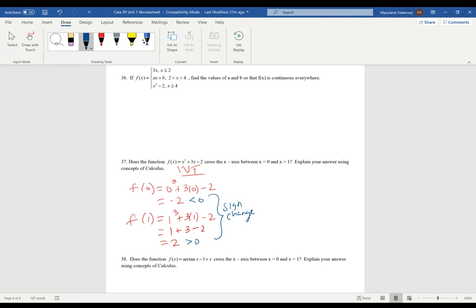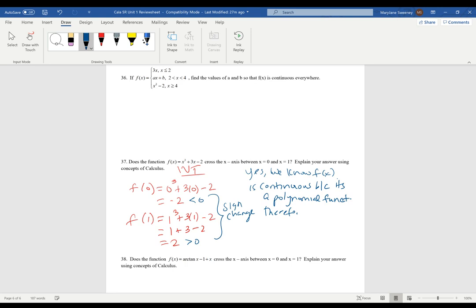So basically, if the y is going from negative to positive, if the function is continuous, so yes, we know f of x is continuous because it's a polynomial function. So remember, any polynomial function is continuous.